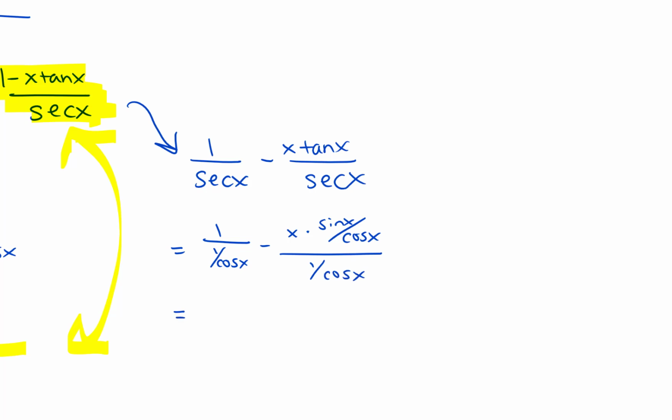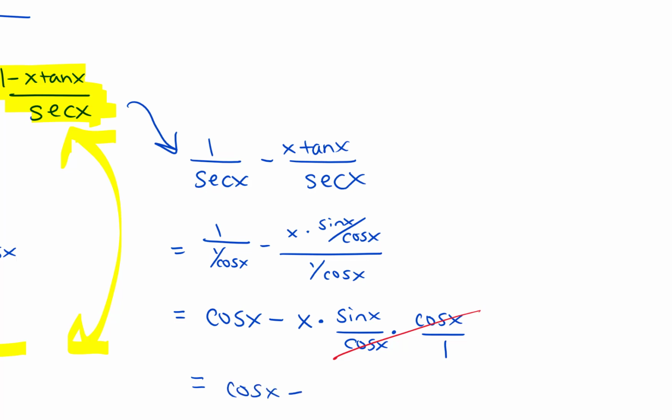And simplifying those, I can take the reciprocal of this first term and just get cosine minus, this would be x times sine of x over cosine of x. 1 over cosine, I can take that reciprocal. Look at those cosines canceling out. And we have cosine of x minus x sine of x.